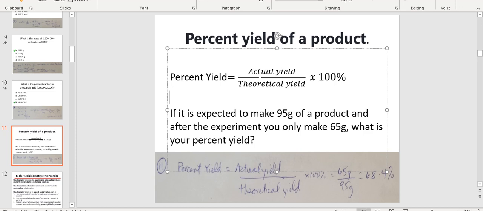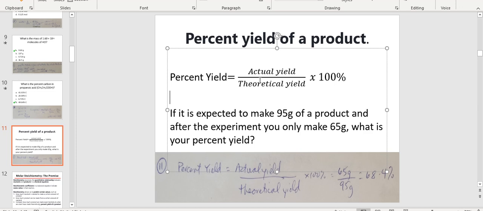You're not going to have a Walter White Breaking Bad 94%. It's unheard of. So your percentage yield is how much you made in the laboratory divided by how much you could have made, and then you multiply this whole thing by 100%.